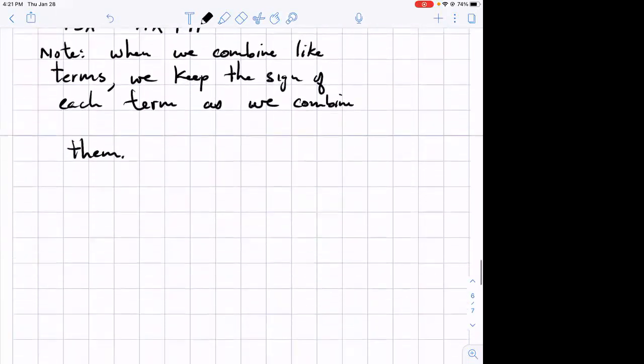Another example of adding, we can say find the sum.